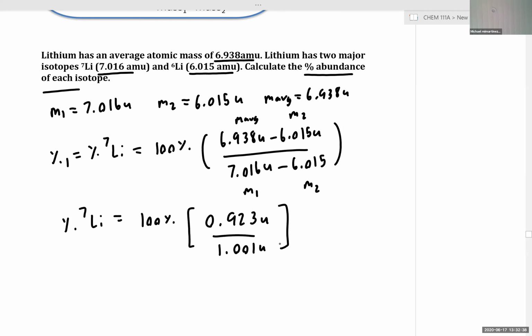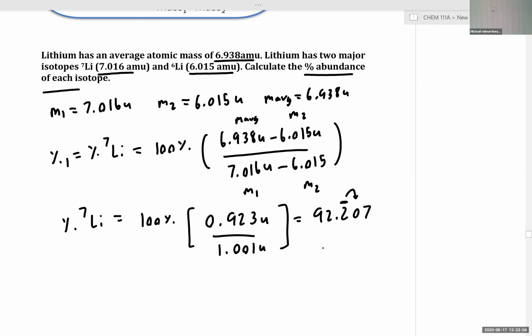So when we perform a division operation, division cares about sig figs. Since our top number has 3 sig figs, our answer needs to have 3 sig figs. So then we get out as a raw answer 92.207, and we round it to 3 sig figs.